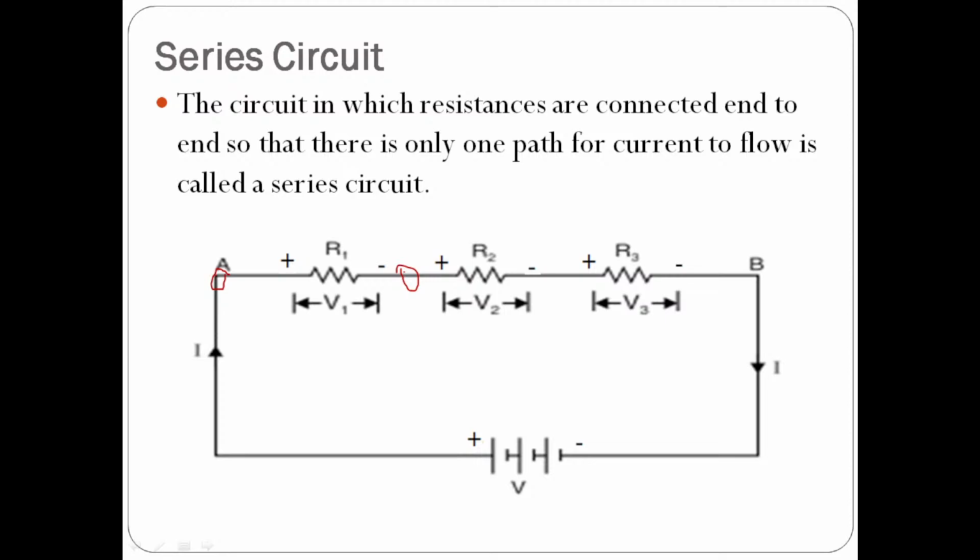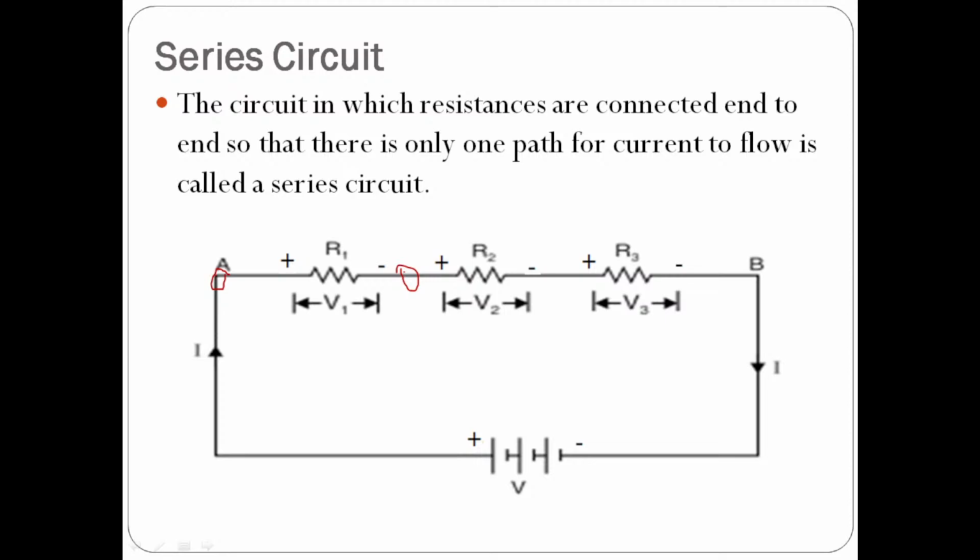For R3, this is the starting terminal, this is the end terminal. Let us assume I am drawing very neatly. Let us assume this is R1, this is the starting terminal, this is the end. The end of R1 is connected to R2.